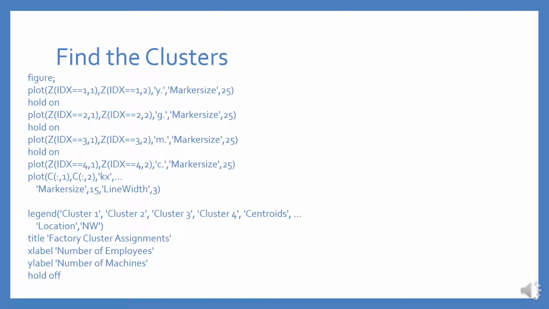This next group of code is basically graphing the previous code. So I won't walk through this in detail, but the important stuff is that this is going to graph each point in its respective cluster, and then it's also going to mark the centroid of each cluster.